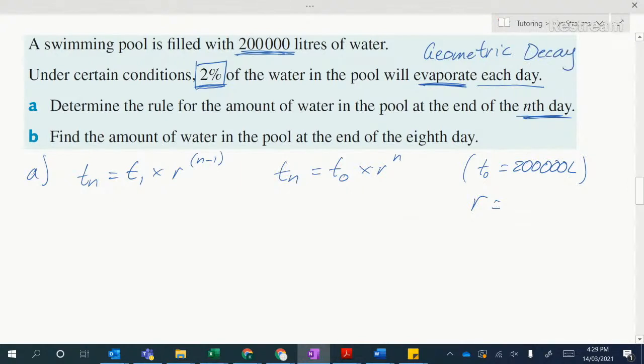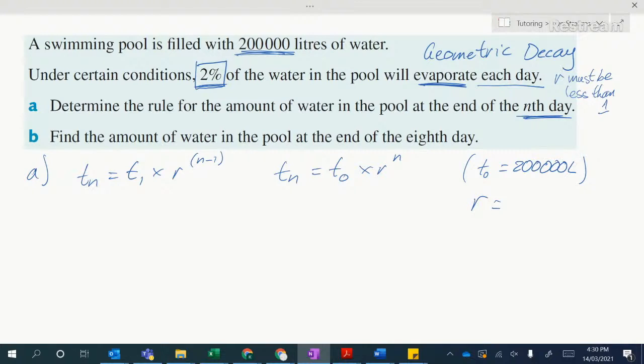Now, if it is decay, then I know that my R value must be less than 1. Because if R was more than 1 and I was multiplying, my number would keep getting bigger. But if my R value is less than 1 and I keep multiplying, the number's going to get smaller. Okay, so decay. It's going to be getting smaller and smaller and smaller.